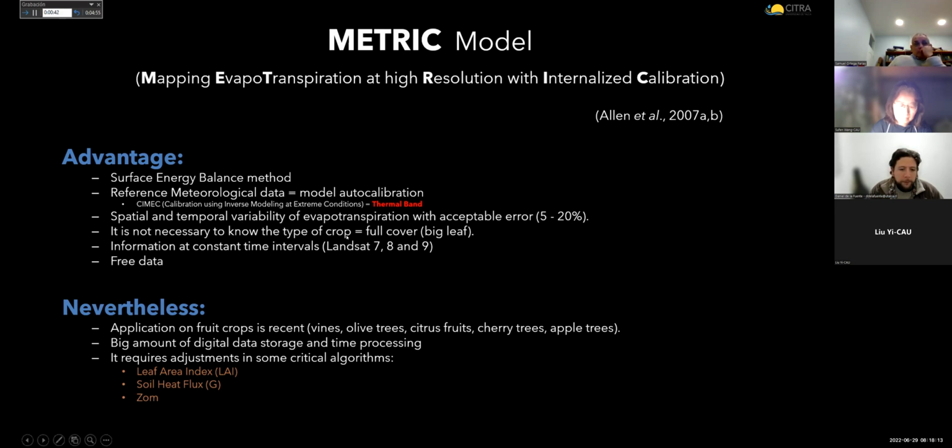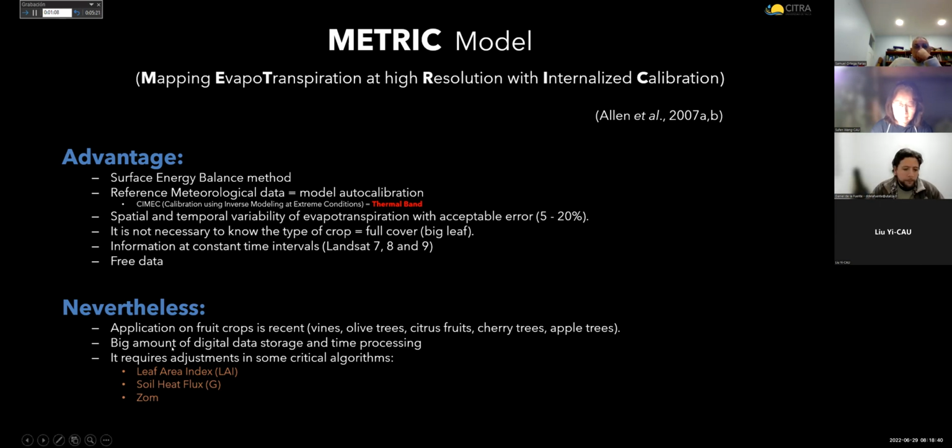When we apply the METRIC model under full cover crops, such as with a big leaf effect, it's not necessary to know what the crop is. However, the application under fruit crops with sparse canopies, such as vines or olives, is very recent.